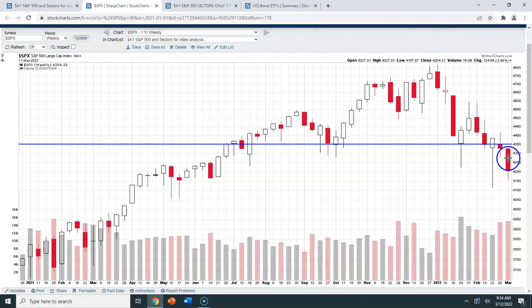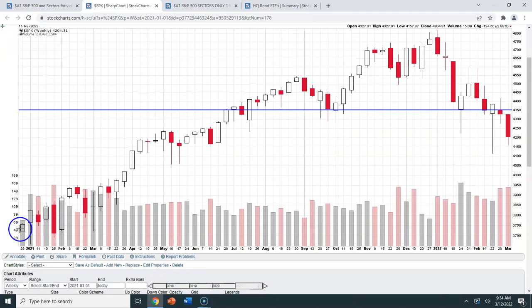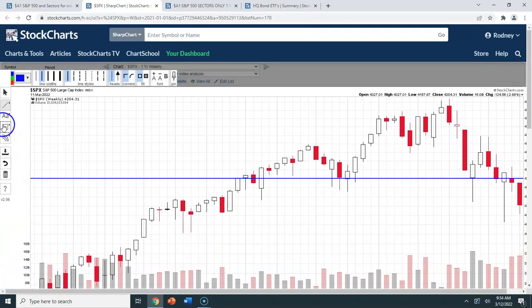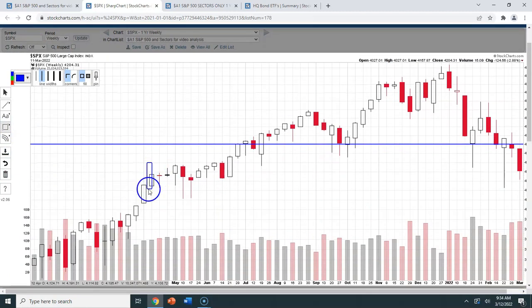Now that we've had 2 weeks in a row where we've closed below 4350, and we know that the 4350 level was a super important support level, the question we have to ask ourselves is, where is the next support level? Well, it's really about where we're at, right? We closed at 4204.31. We know that the 4200 level, and I'm actually going to draw a box around this because this level right in here, we had some trading around this area.